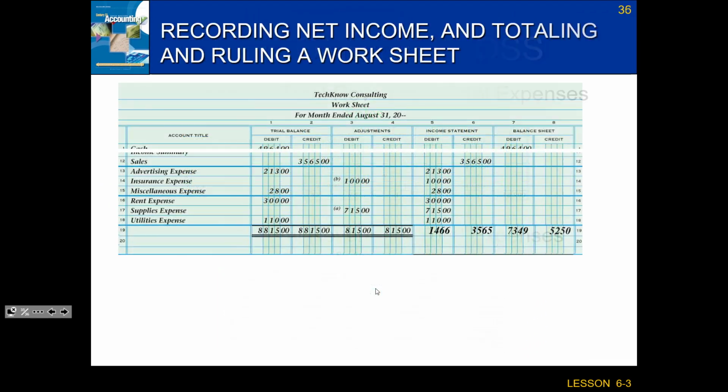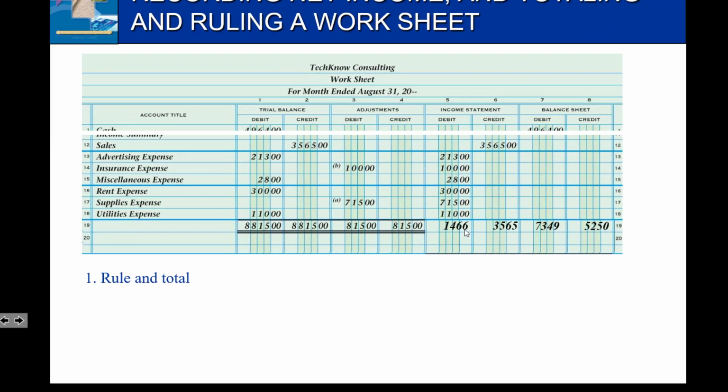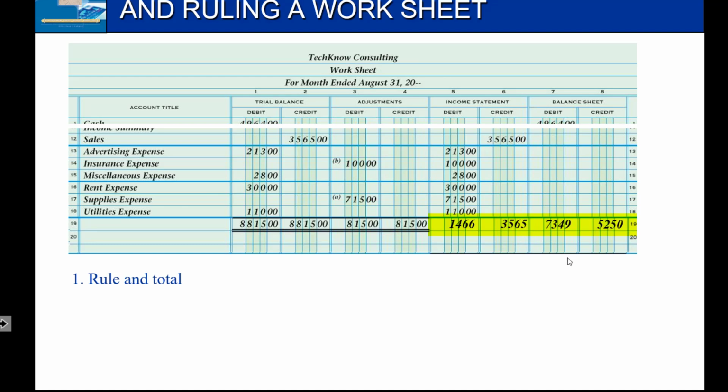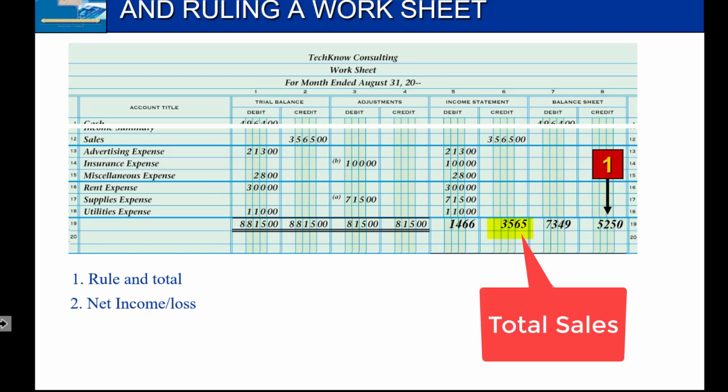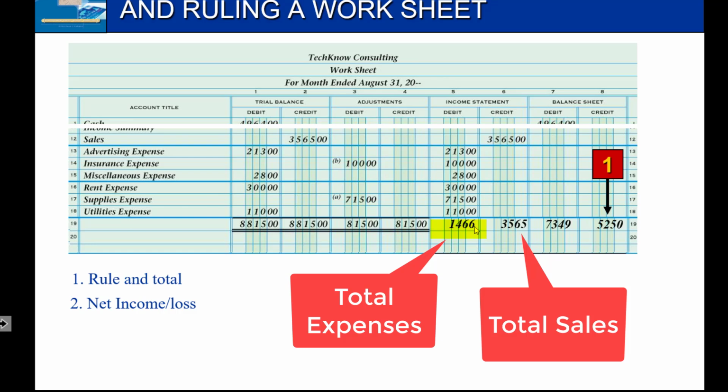Now let's take a look at how you would actually record this. So the first step would be to rule and total all of our income statement columns and our balance sheet columns. Then we have to calculate the net income or the net loss. In this case, I'm going to take sales, 3,565, and I'm going to subtract expenses, 1,466. Because I have more sales income, that means I have a net income.